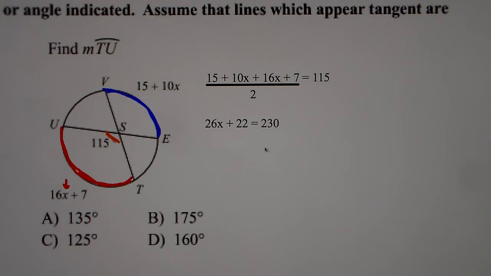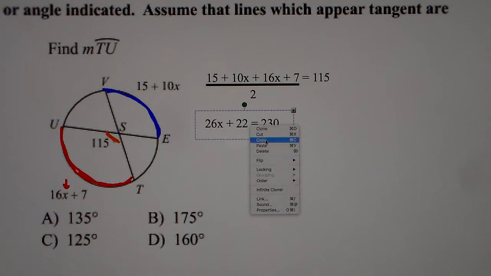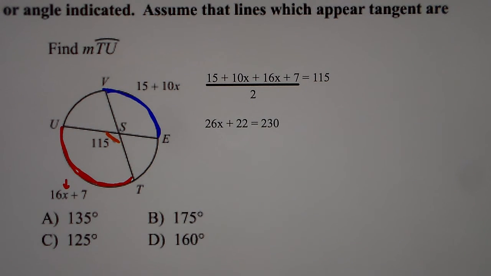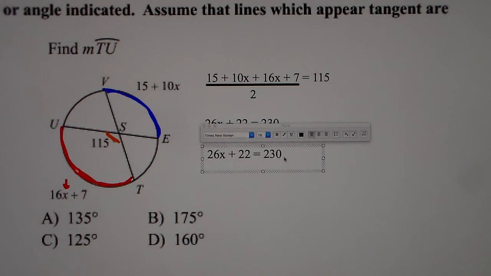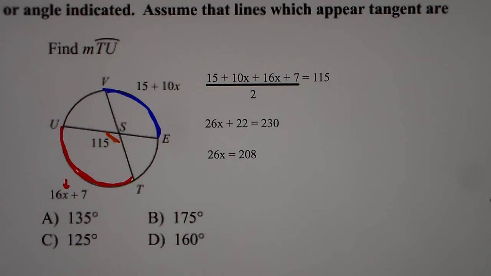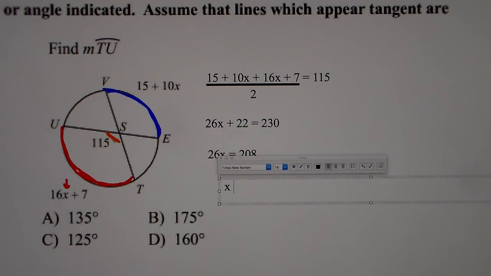Then we subtract 22 from both sides, and then divide by 26. So 230 minus 22 is 208. And then divide by 26 to both sides. We put that in the calculator. 208 divided by 26, and we get 8. So that's the value of x. Now we're not done. It's a long process. We could do it though.